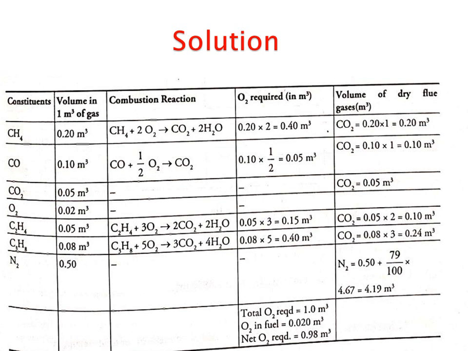So 4.67 into 79 by 100. So when we solve this, the total nitrogen supplied is 4.19 meter cube. So nitrogen that will come out in the flue gas will be 4.19 meter cube, and carbon dioxide that will come out in the flue gas will be 0.69 meter cube.